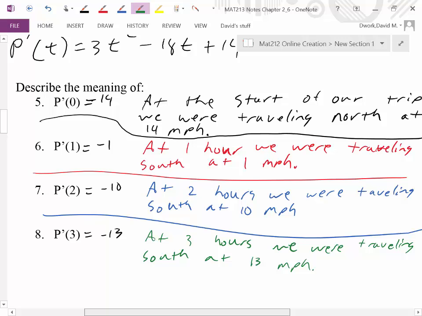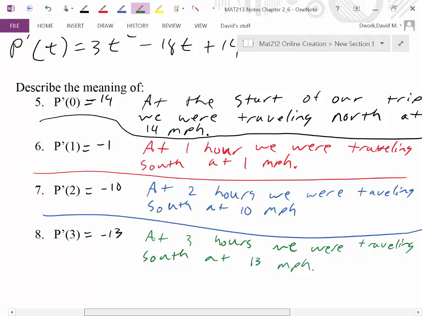Okay, so I went ahead and filled in the last couple, and they have the same meaning, just with different miles per hour. So for the third one, where I put in the 2, what we're saying is at 2 hours, we were traveling south at 10 miles per hour. And it's important to remember, these are derivatives, so they are instantaneous rates of change.